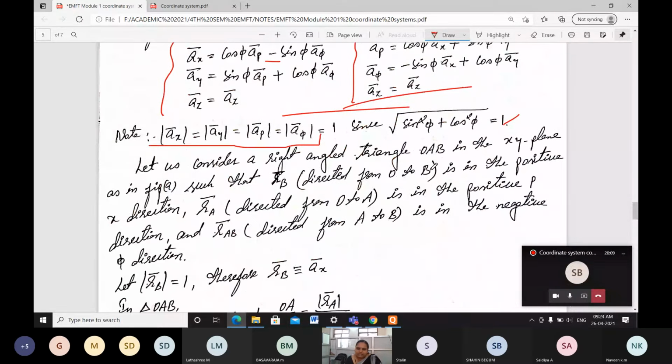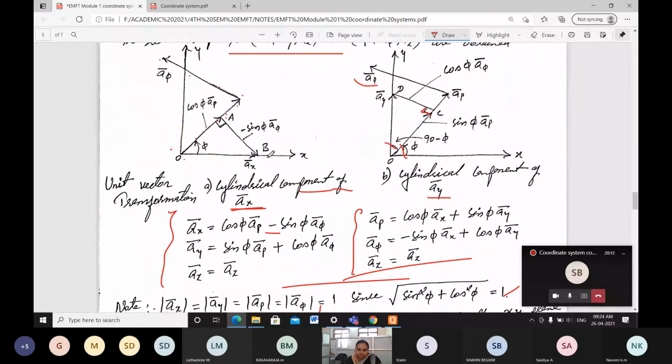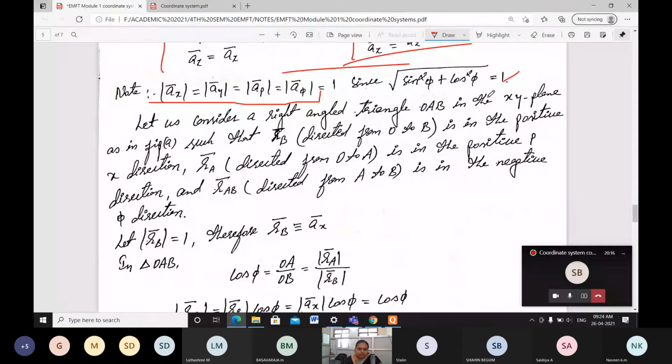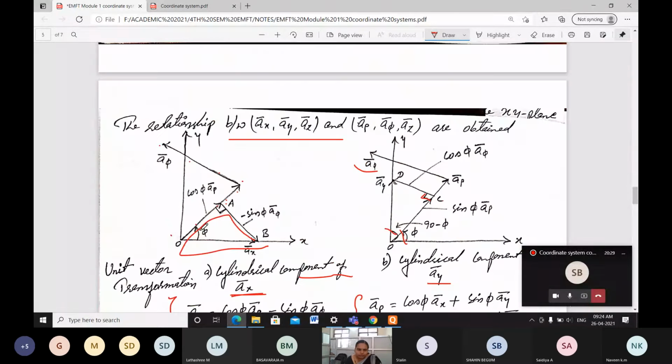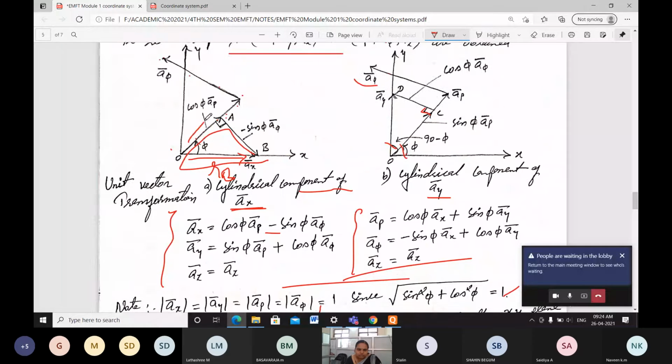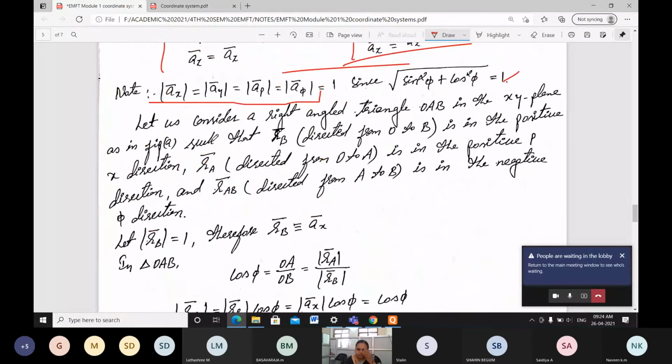Then let us consider right angle triangle OAB here in the xy plane, such that our RB is directed from O to B. RB is in the positive x direction, RA from O to A is in the positive rho direction, that is OA.